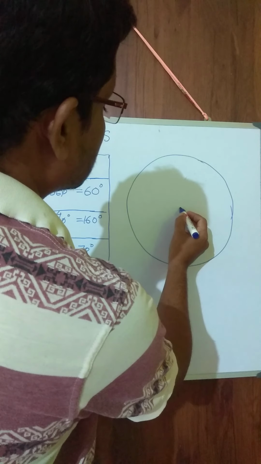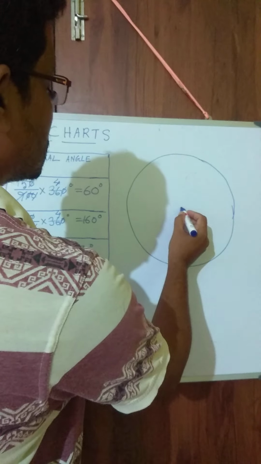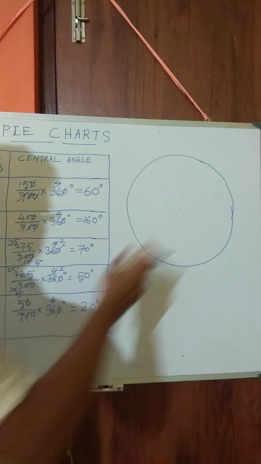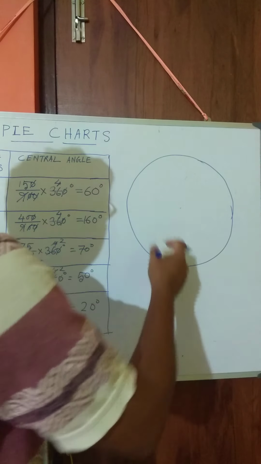Draw a circle of any radius with the help of a pencil compass. This is the center of the circle. Now draw a radius with the scale.